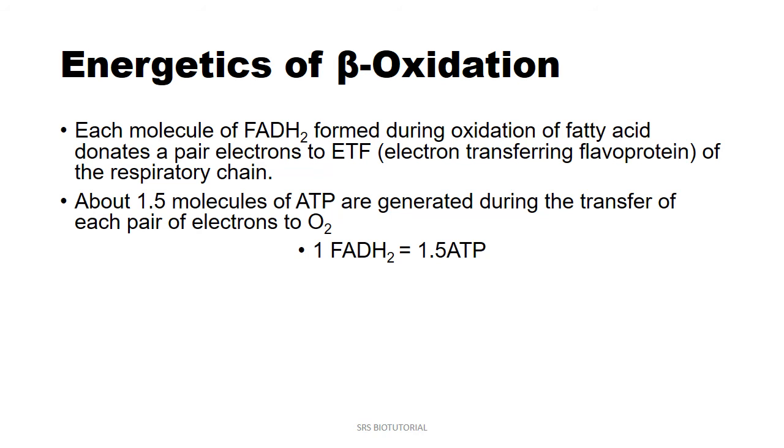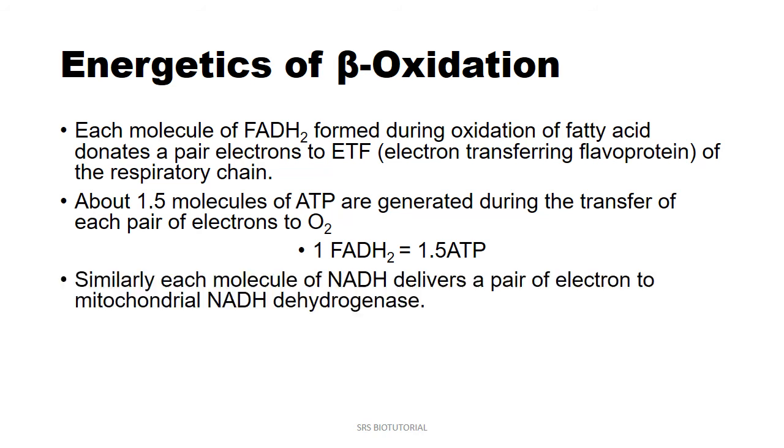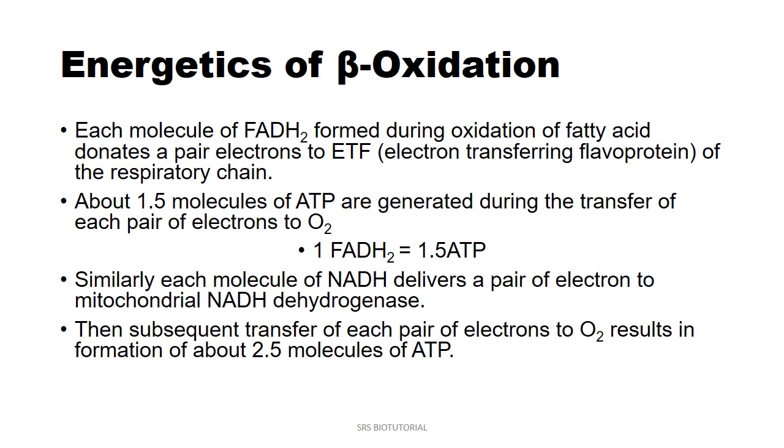Hence, 1 FADH2 is equal to 1.5 ATP. Similarly, each molecule of NADH delivers a pair of electrons to mitochondrial NADH dehydrogenase. The subsequent transfer of each pair of electrons to oxygen results in formation of 2.5 molecules of ATP.